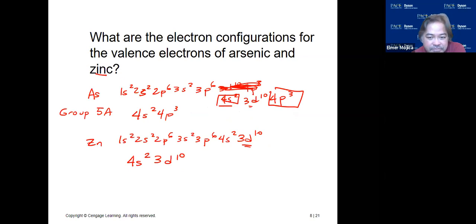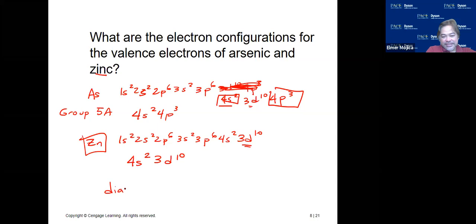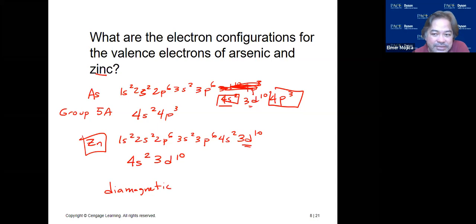Now the zinc. Is it para or diamagnetic? Diamagnetic. If we follow this, it is diamagnetic because it doesn't have any unpaired electrons. All of the electrons are paired.